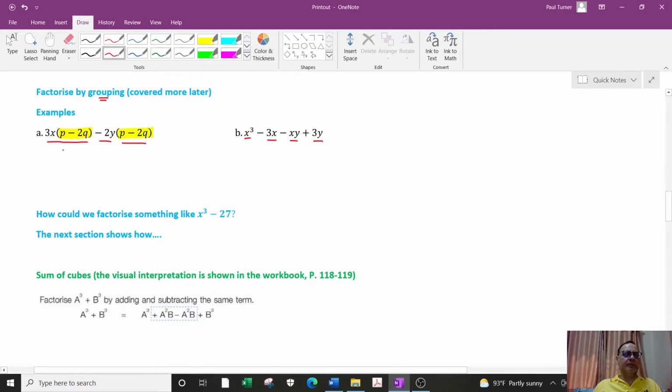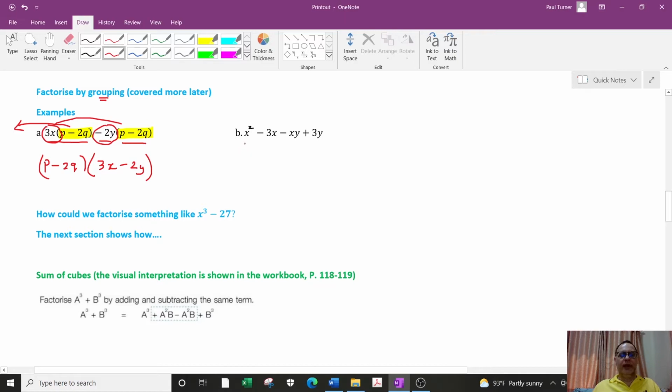Okay, so that p minus 2q can be written in the front, p minus 2q, and put in brackets. So we move it out to the front. And what are you left with? 3x here and minus 2y here.